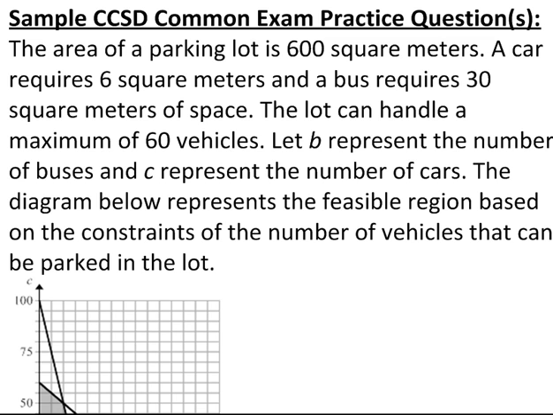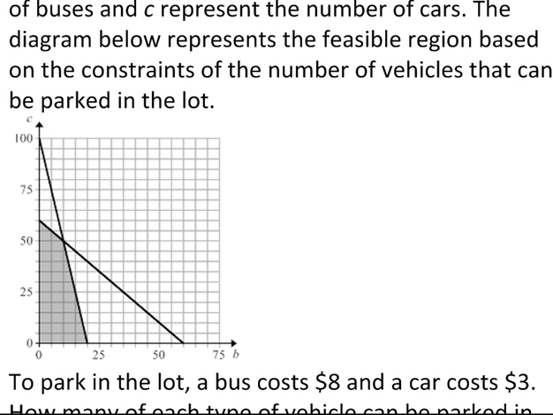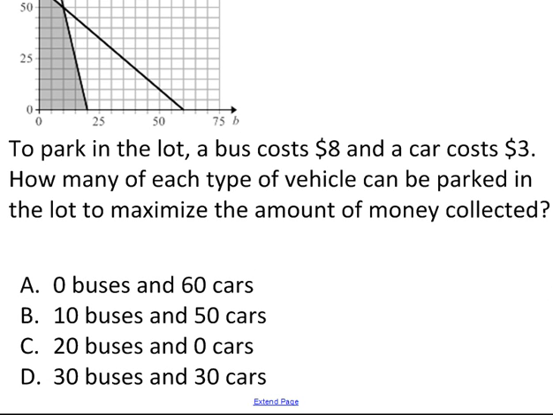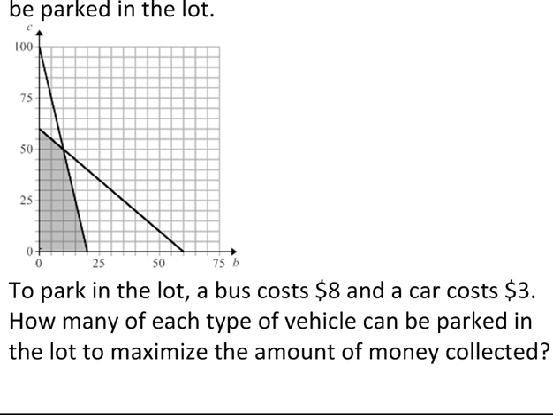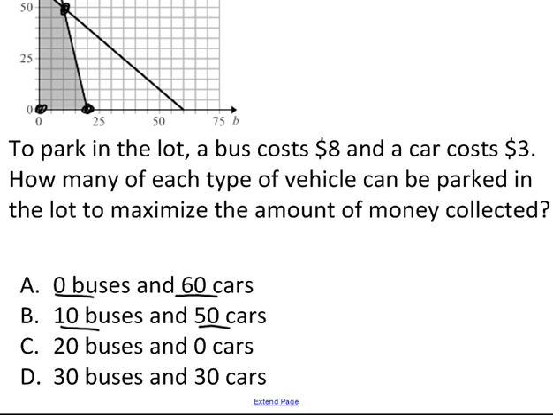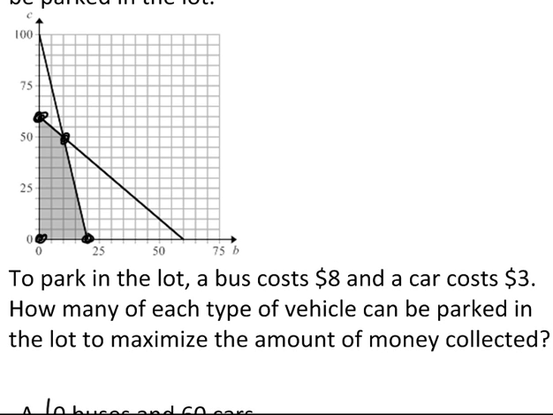I'm not going to do this problem, but I do want to mention there will be a problem like this on the semester exam, and it's going to be multiple choice. Okay. So buses, cars, buses, cars. Now, if you notice, we've got 4 points here. One of these answer choices, and I don't know which one, I'd have to take a look, is not going to be one of these 4 points.